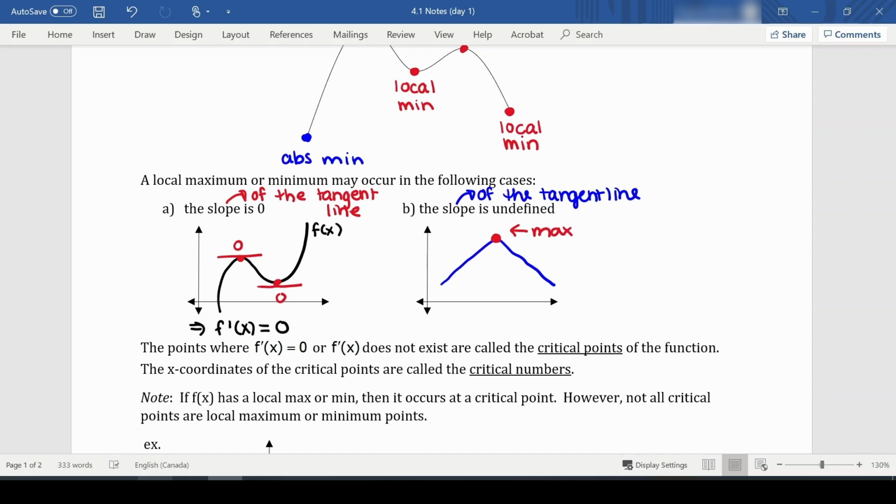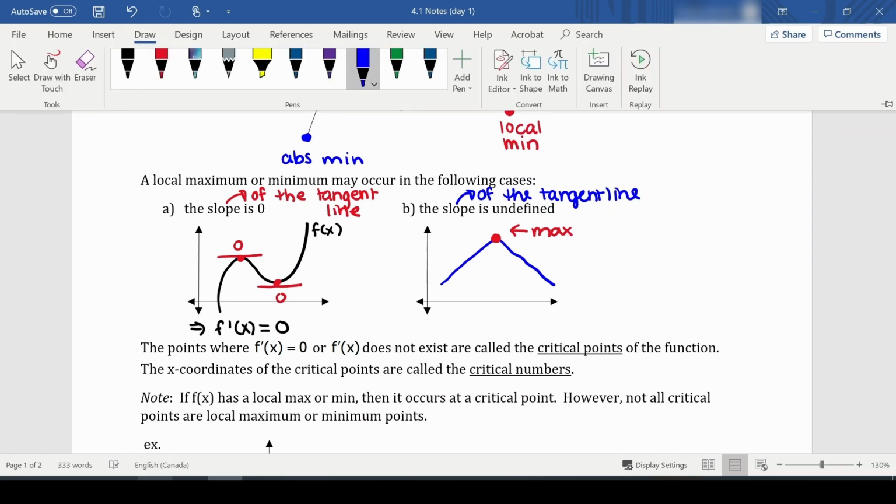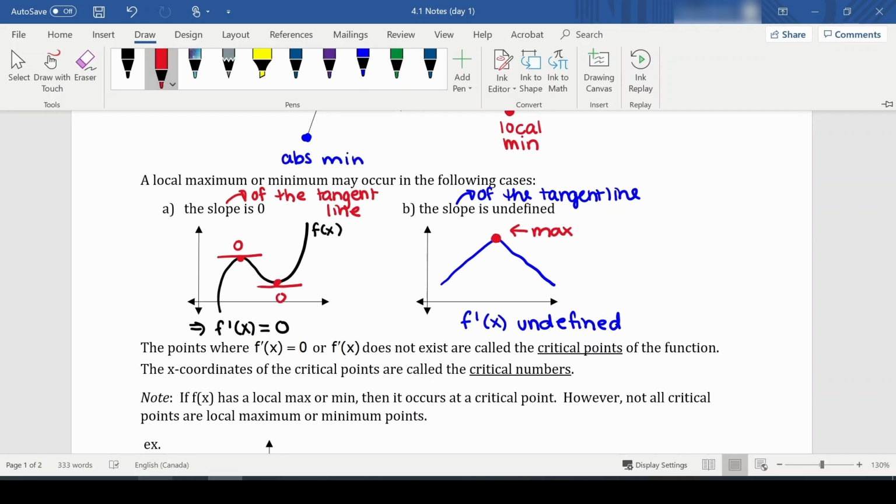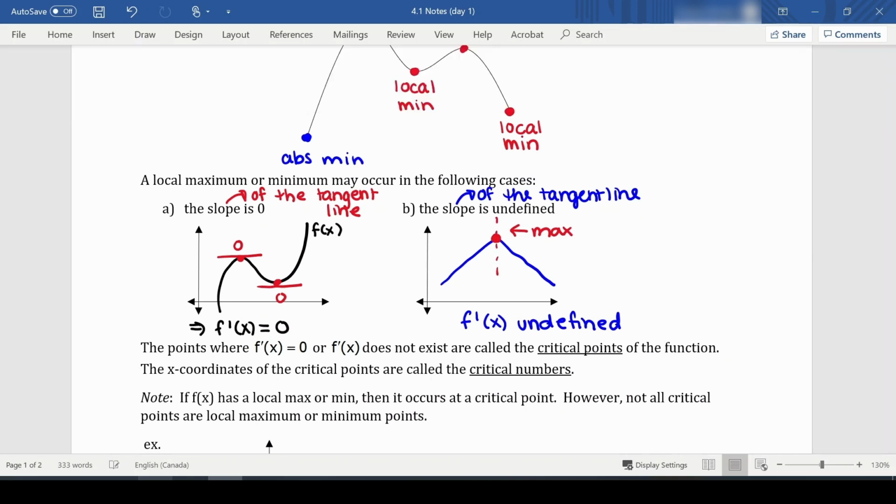We know from previous chapters that we have for a corner an undefined slope of our tangent line. We can't actually find f prime here. So this would be f prime is undefined. Again, we can't draw a tangent line there.